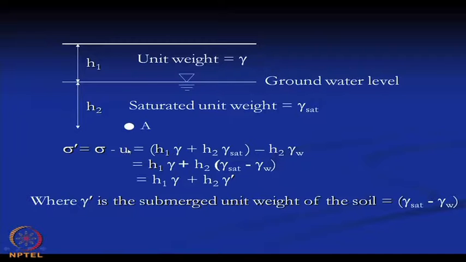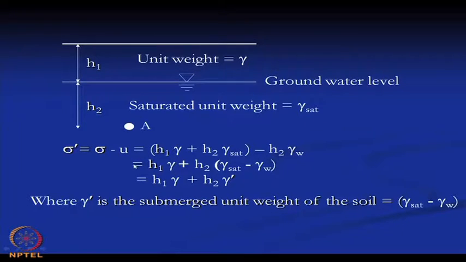and the pore water pressure at a point A, and this point A is at a depth of H2 from the water surface. So, at this point the pore water pressure can be determined as H2 into gamma W, where gamma W is the unit weight of the water.